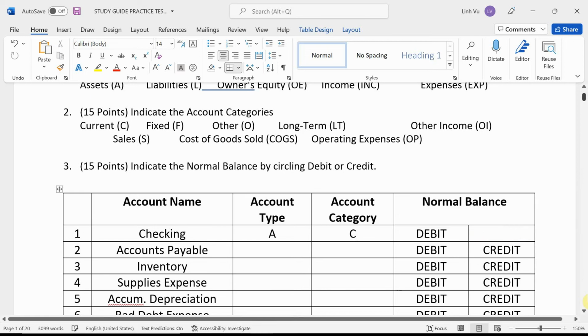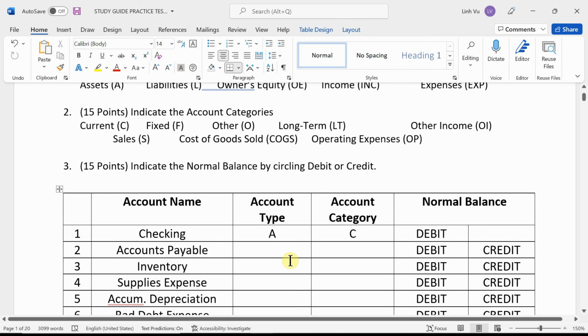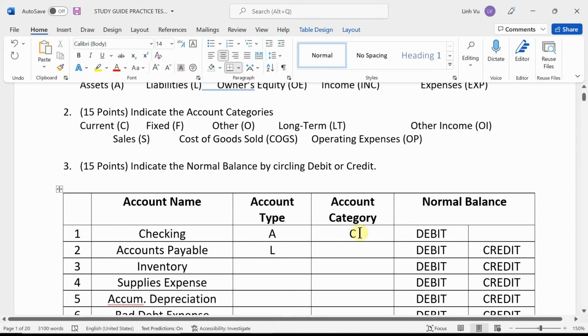Okay. What about accounts payable? It's a liability, right? It's where you owe people money. What kind of liability would this be?